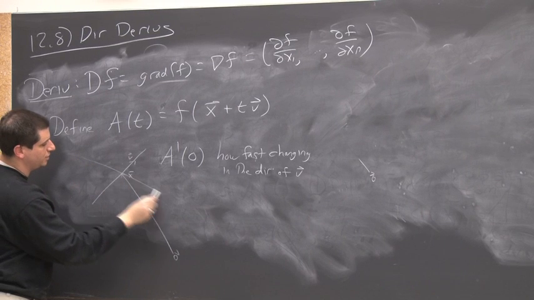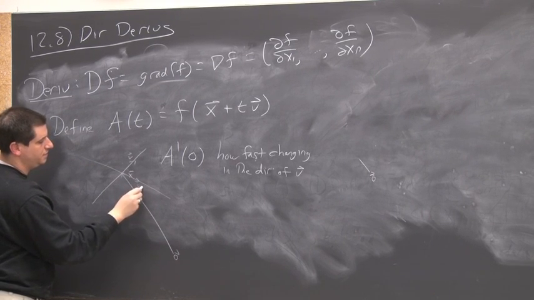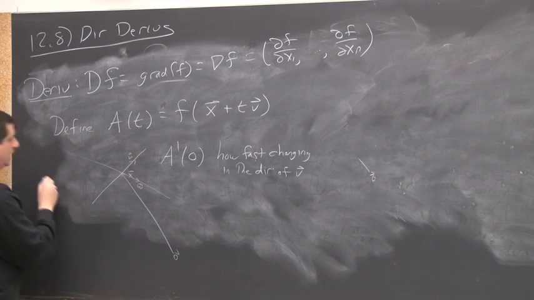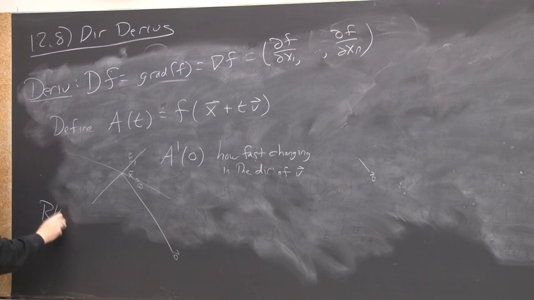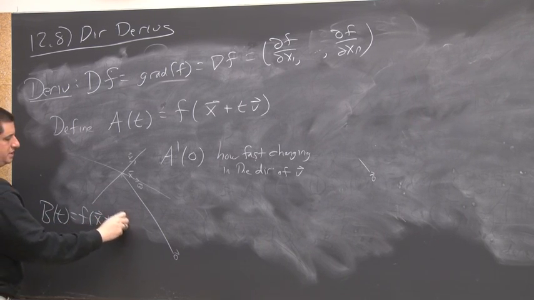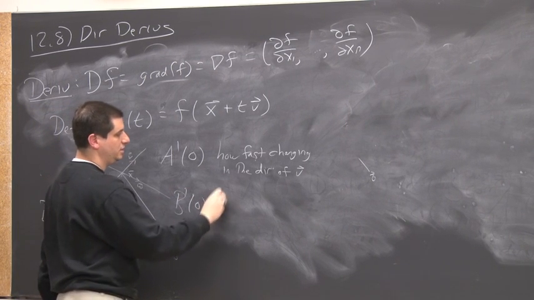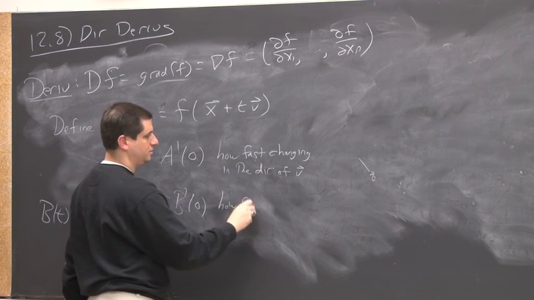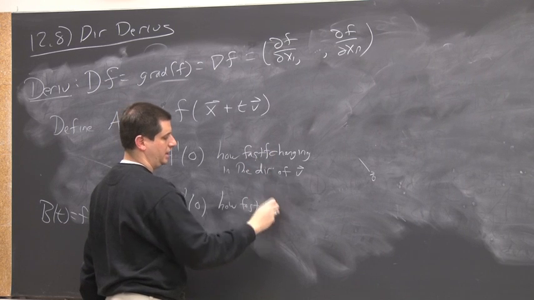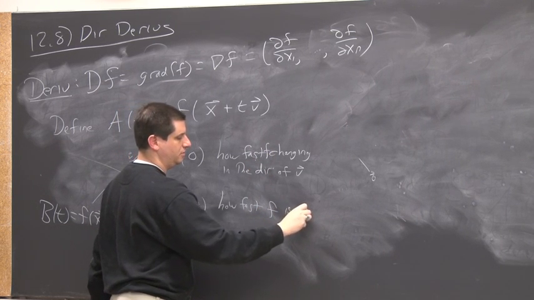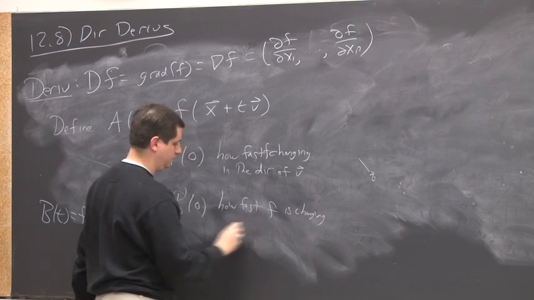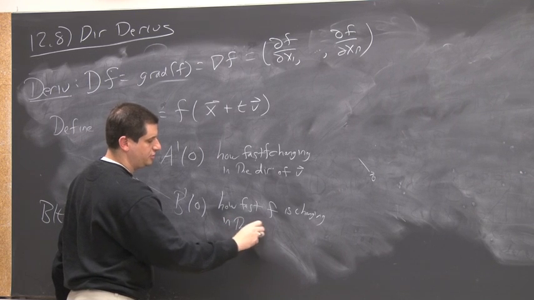I could take another direction. Here's w, and we could let b of t be f of x plus tw. And so now b prime of 0 is how fast f is changing in the direction w.